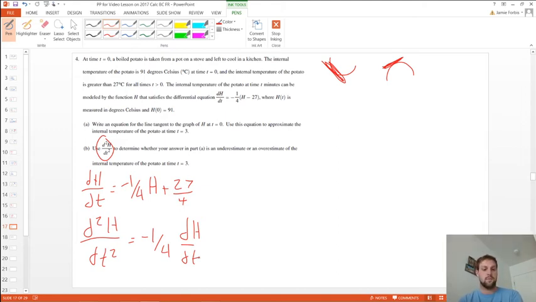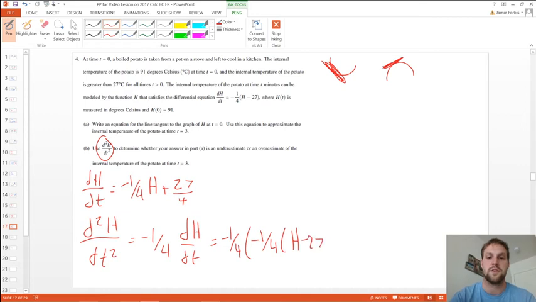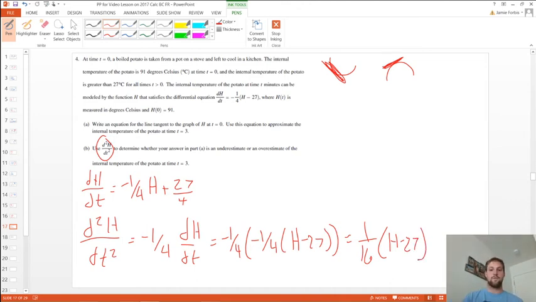Now this was implicit, so I have to plug back in dh over dt. So that's going to be equal to negative 1/4, and then dh over dt was negative 1/4 h minus 27, which reduces to positive 1/16 h minus 27. So there's my second derivative.